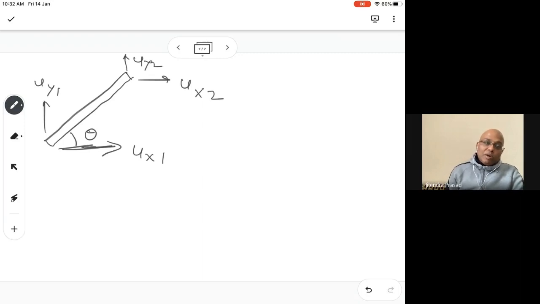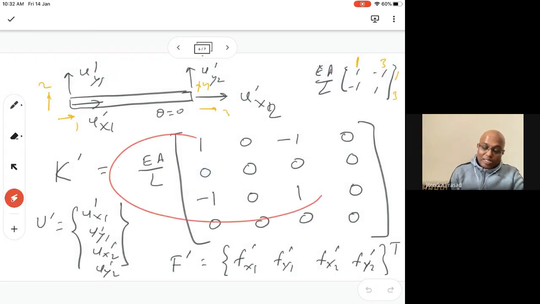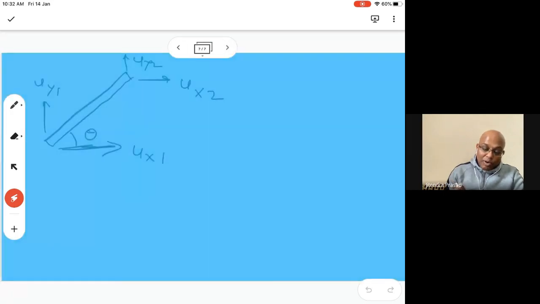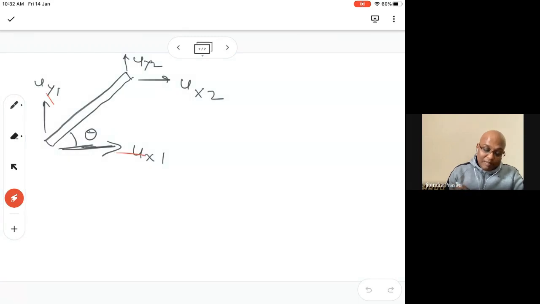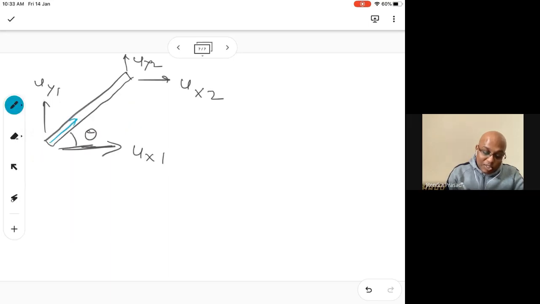So if the original stiffness matrix looks like this one, we want to derive our stiffness matrix in this system, meaning that we have two systems. The one attached to the bar is the local system, with ux1 dash, uy1 dash, ux2 dash, and uy2 dash.